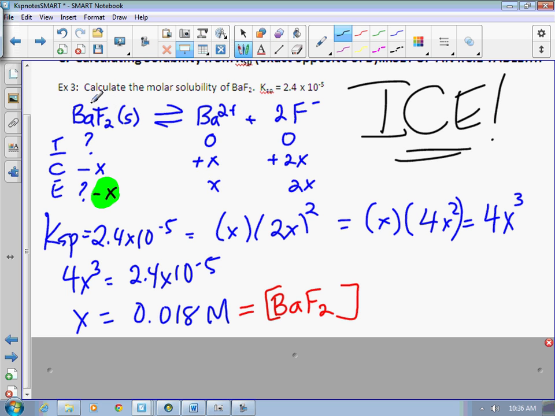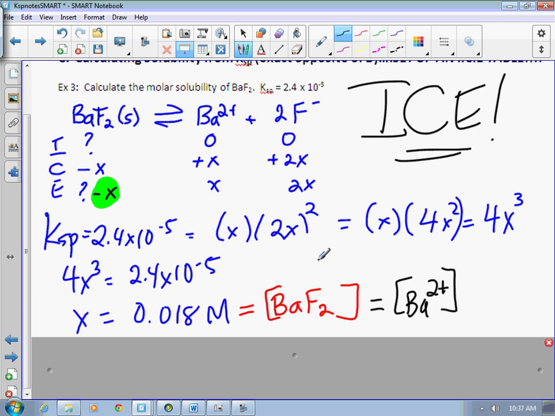X equals the amount of barium fluoride that actually dissolved. So this really means that the 0.018 molar equals the concentration of barium fluoride that dissolved, which, if you needed this information, equals also the barium 2 plus ions that are in solution since they're in a 1-to-1. And if you wanted the fluoride ion concentration, it would be this number times 2.